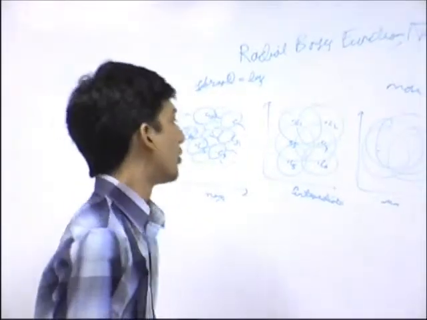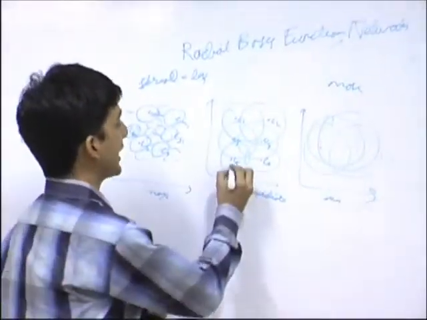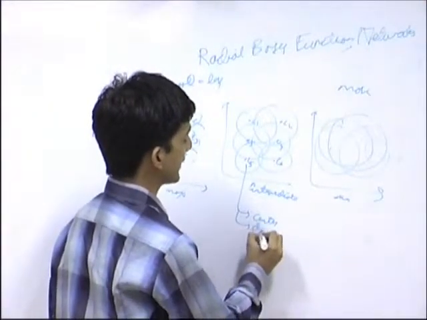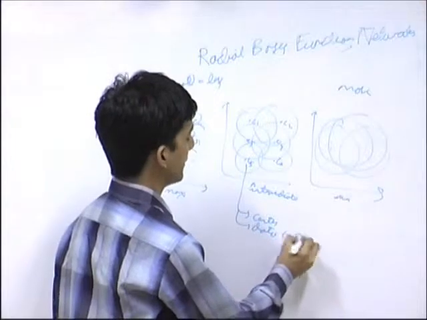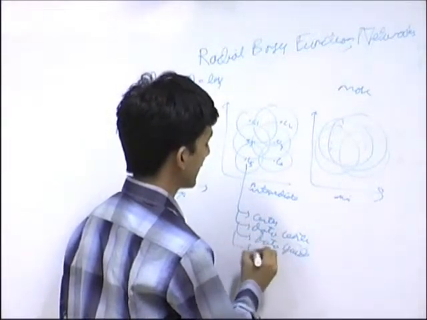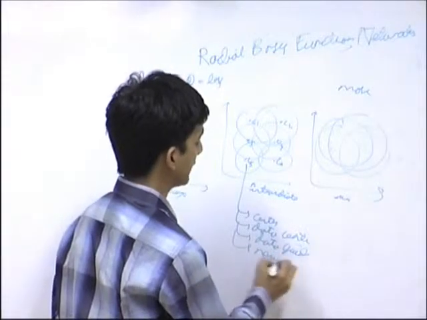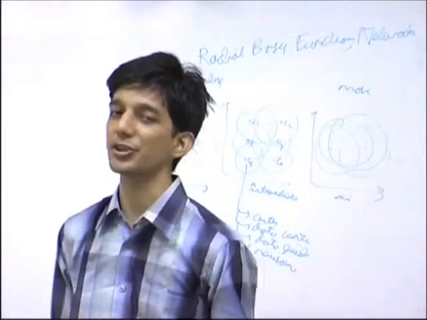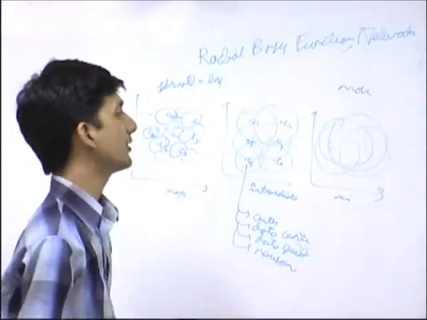Any Ci may be known as a center, it may be known as a data center, sometimes a data guide, and sometimes it is known as a neuron of the hidden layer. Whatever the terminology used, effectively this is a neuron.